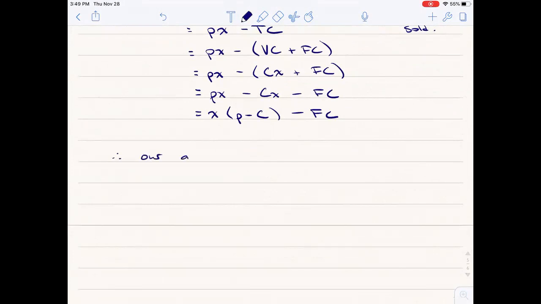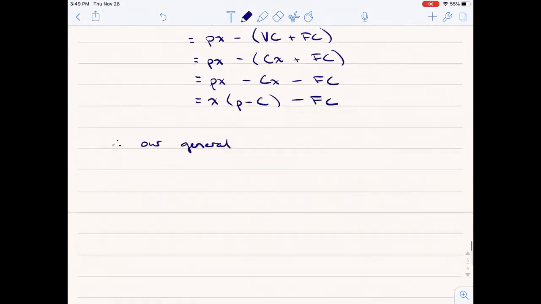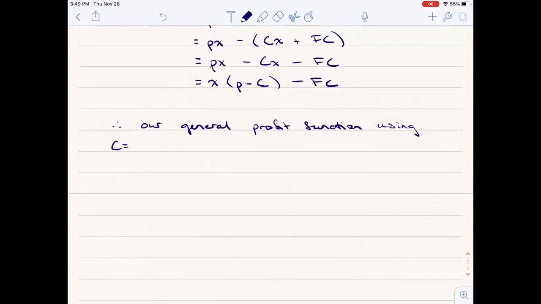Therefore, our general profit function, and I'm doing this because later on our X and our P are going to change, and so it's nice to have this general profit function that we can use. Our general profit function using C equal to 278 and the fixed cost equal to 1945, those aren't going to change, right?